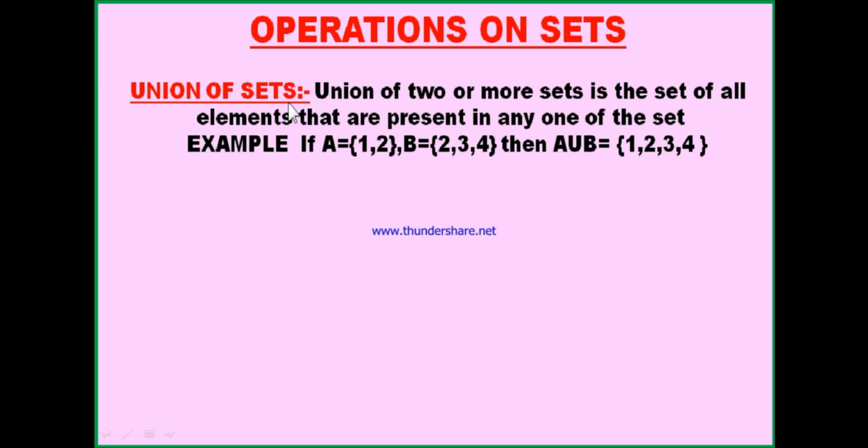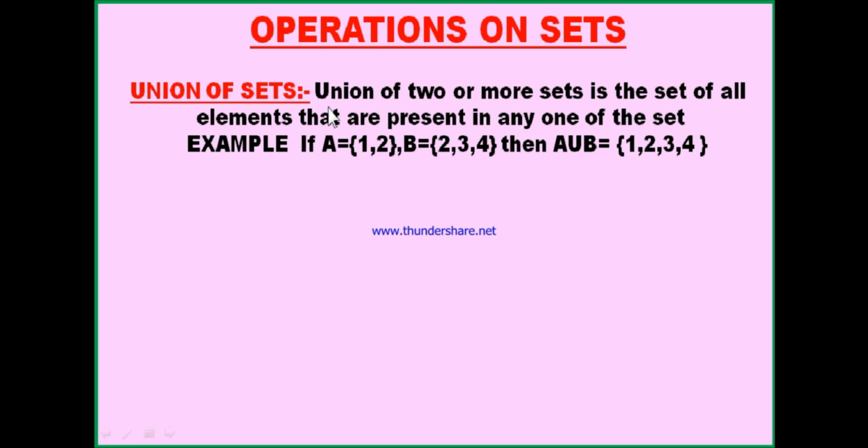Union of sets is nothing but the union of both sets' elements. I mean the elements that belong to the first set as well as the elements that belong to the second set. You should list out all the elements that are present in the first set and also in the second set. That is called union.